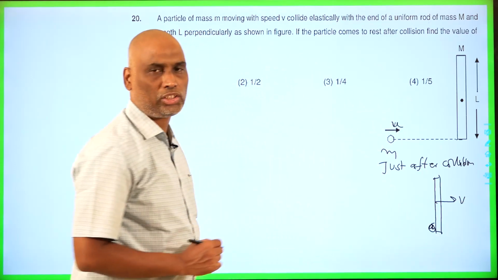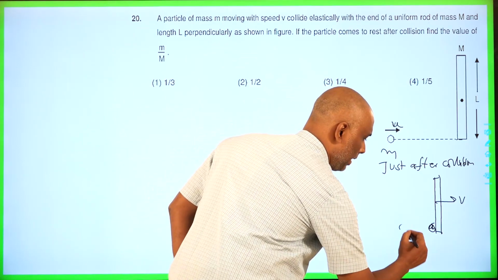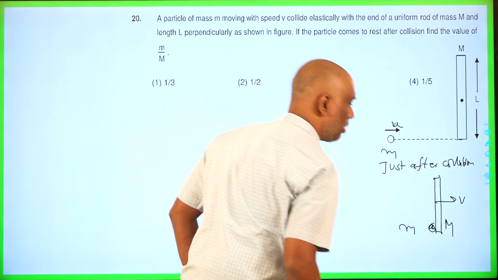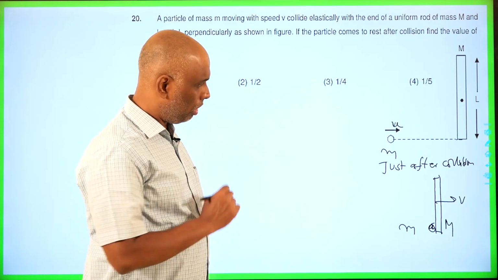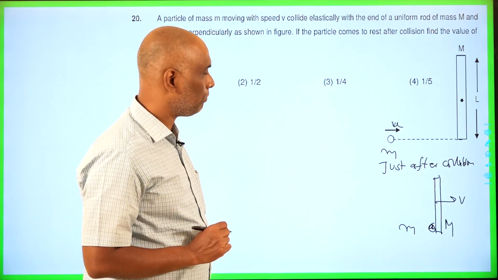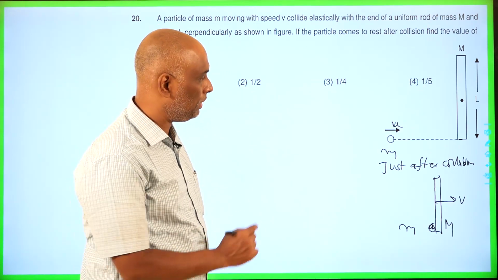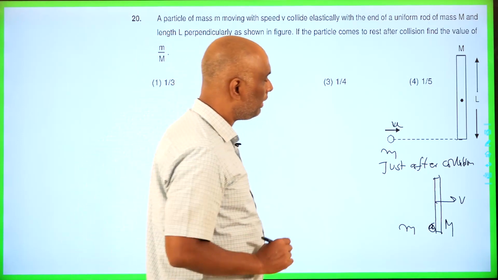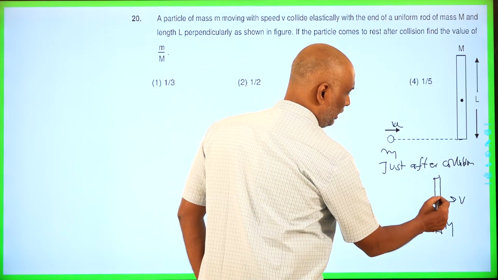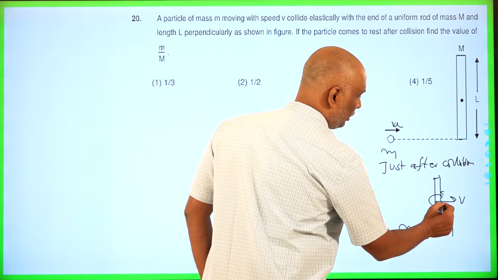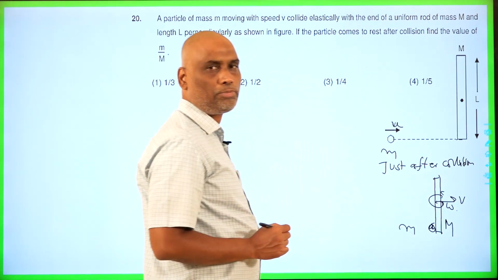The rod is moving with a velocity v. The mass of the particle is small m, the mass of the rod is capital M. The rod will not only have translational motion, but also rotational motion because of the angular impulse. Let us imagine that about this center, the angular velocity will be omega.